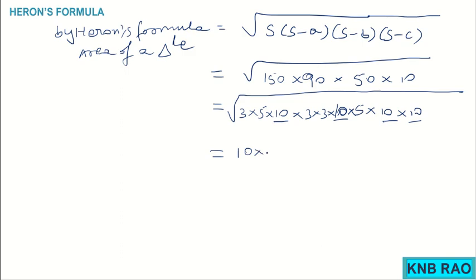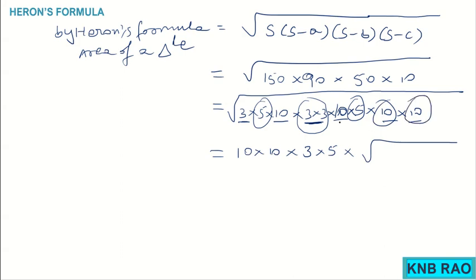So 2 times will come outside, 3 multiplied by itself 3 times, that means out of 3 times I will get 1 three out, and 5 multiplied by itself 2 times, so 1 five will come out. So things left over here, out of 4 tens, 2 tens came out, out of 2 threes 1 three came out, out of 2 fives 1 five came out, left over is only 1 three that is there inside.